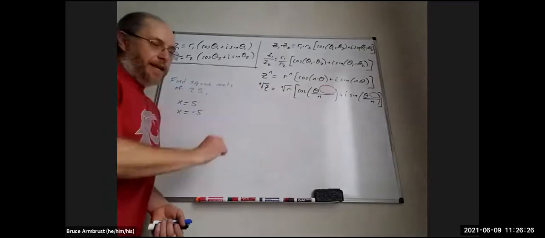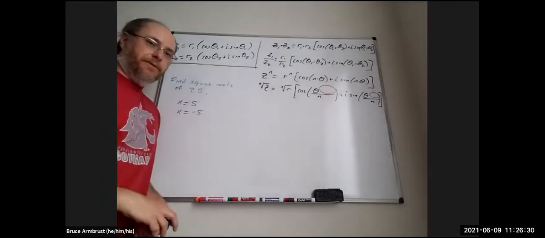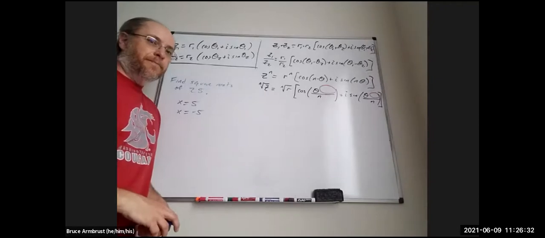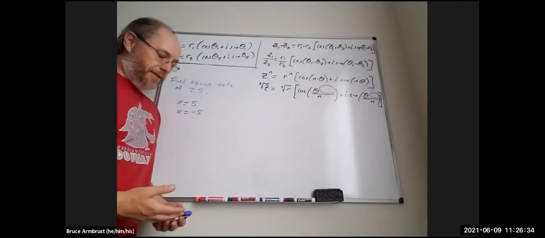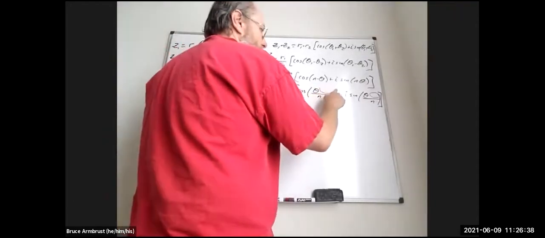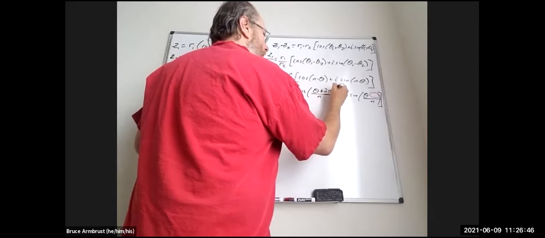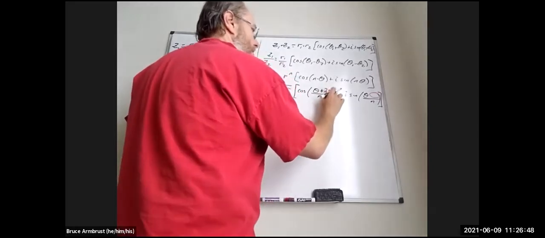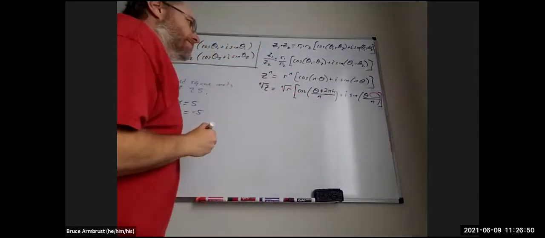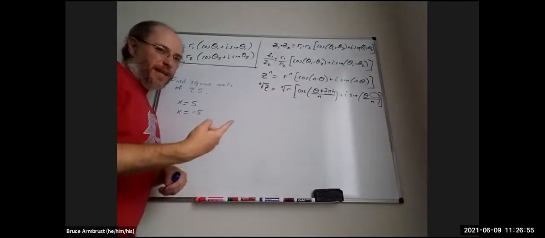If we just did theta divided by n, that's going to give us one of the roots. We've got to find the other ones. So what we're going to put in here with this theta is plus 2 pi k. Now, you're really used to adding a 2 pi n. Well, that's what I'm doing here.